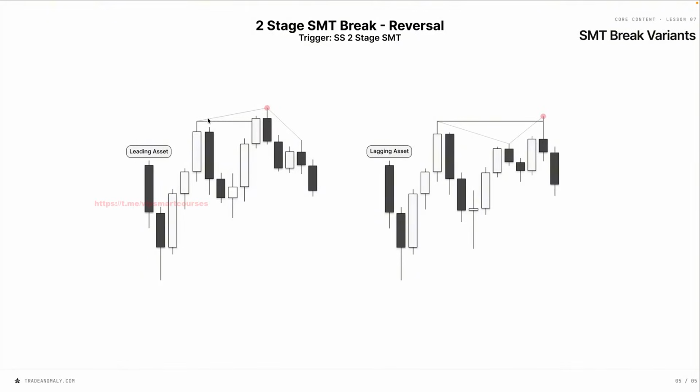It kind of looks like a roof SMT, but it's in the form of a string switch, right? Because this asset over here was stronger, as you can see, because it took out the high, but now it's showing weakness as it could not take out this high. So it's showing weakness and creating that SMT divergence while also breaking that original SMT, which is a trigger for reversal.